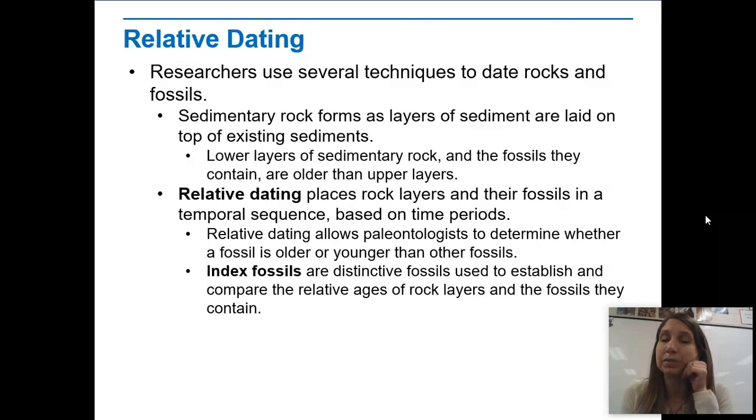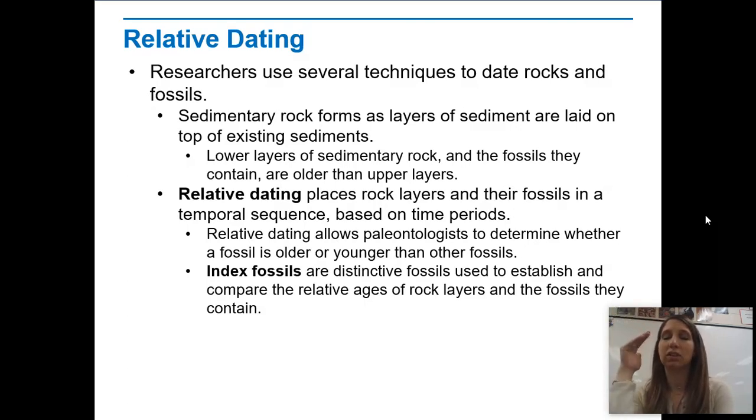So it's not as precise as radioactive dating would be, but relative dating gives us an indication about what era or period a specific organism was present in. When we think about relative dating, if we're using sedimentary rock, the underlying principle is that the younger rock layers are going to be at the top.